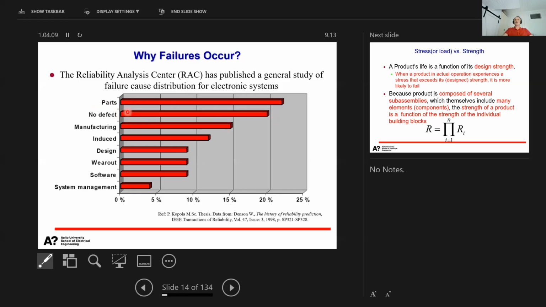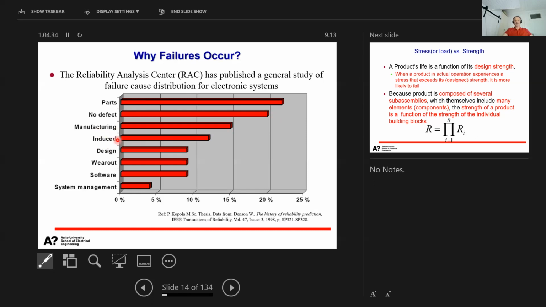And this is also something that we will come back to in the testing part. So can our testing somehow help in finding the root cause also for this? Then there's manufacturing induced failure, so some, let's say, quality related things. Induced means the usage, it could be misuse.